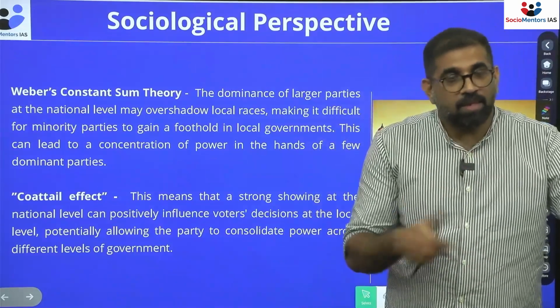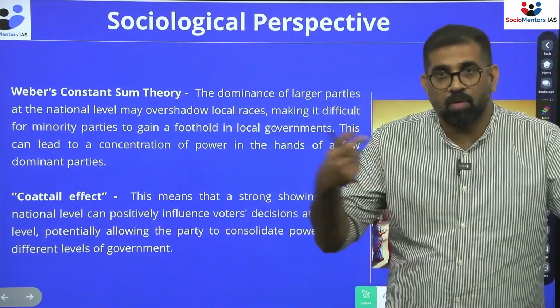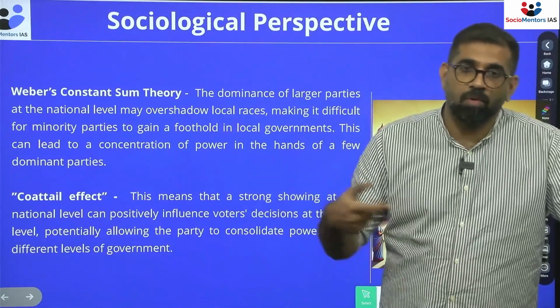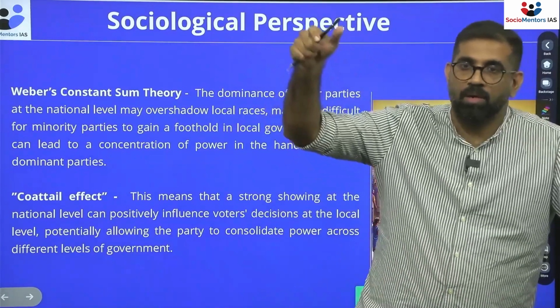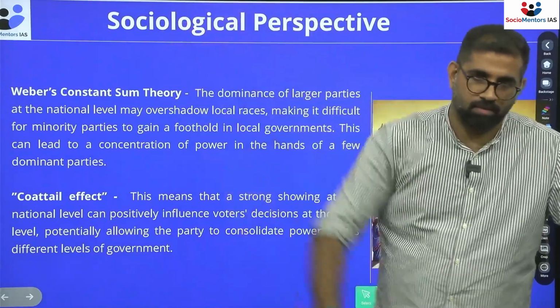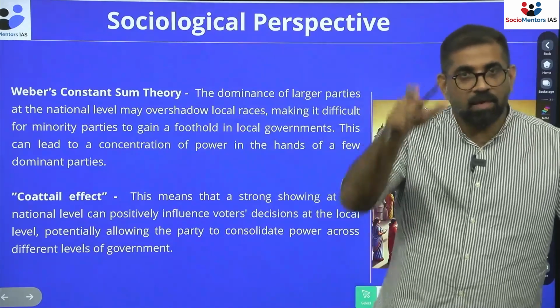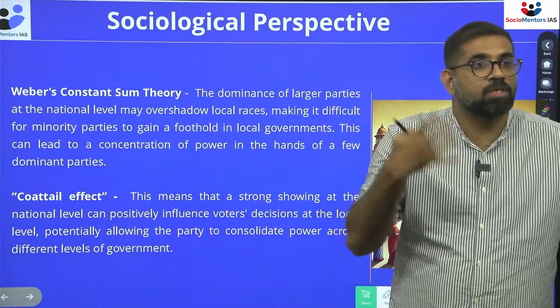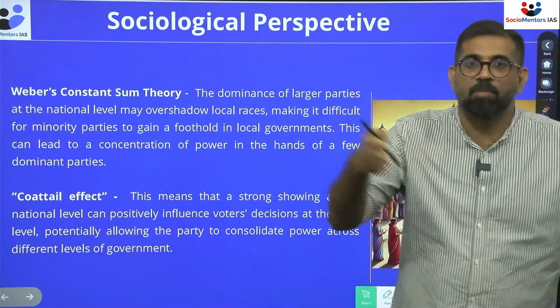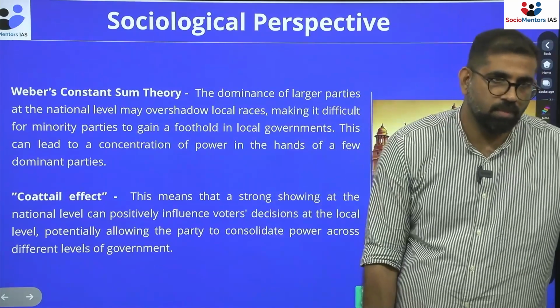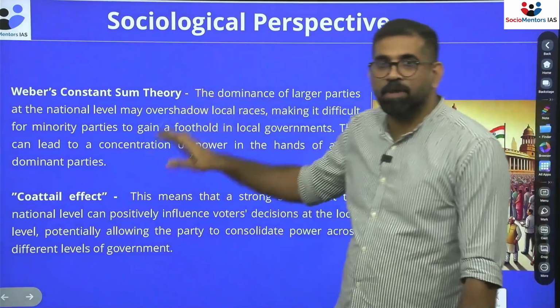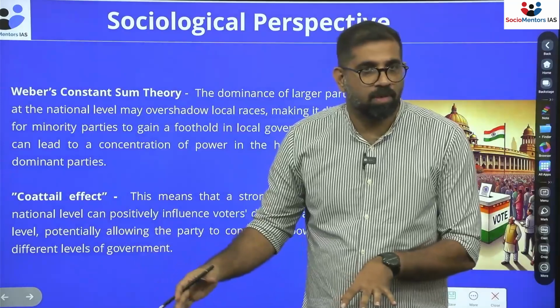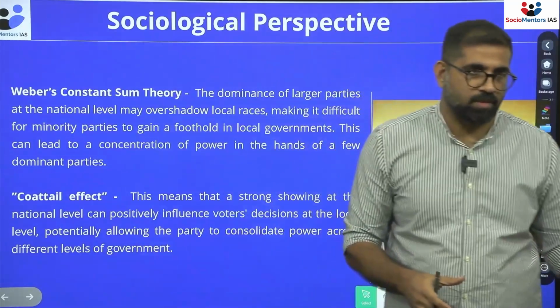Such tendencies will lead to a situation where local election results may also go in favor of those parties who stand a chance to win at the center. That leads to a situation of concentration of power with a particular political party.